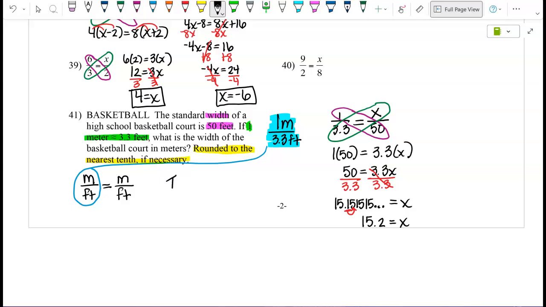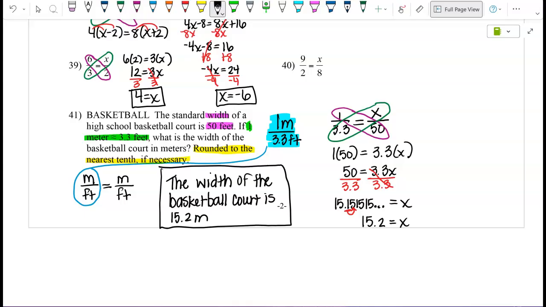The width of the basketball court is 15.2 meters.